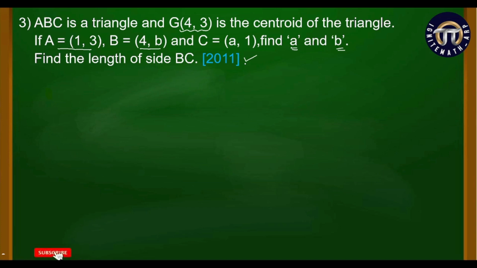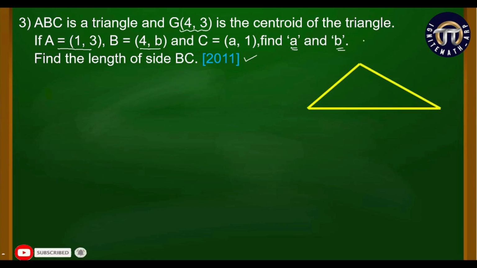So now I'll consider a triangle ABC. Listen to me very carefully. This I will take as A. The coordinates of this point are (1, 3), and the vertex B is over here. It is given to you as (4, b), and C is over here. Coordinates of this are (a, 1), and the centroid will be somewhere over here. So the coordinates of the centroid are given to you as (4, 3). So what is your task here?